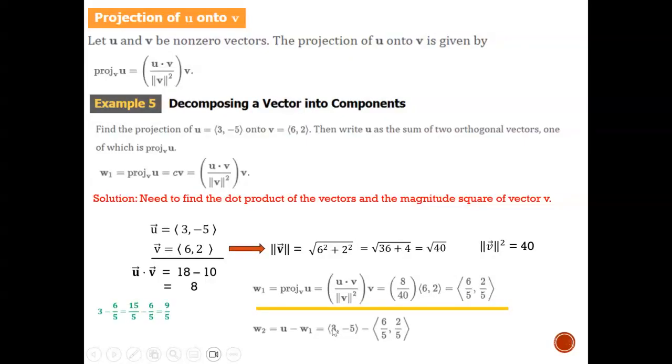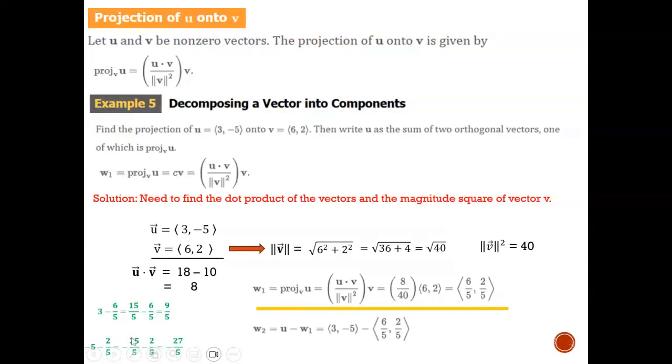We're going to subtract the first component minus the first component of the vectors, and second component minus the second component. So 3 minus 6 over 5, get the LCD, which will be 15 over 5. This will give us a 3. Minus 6/5 will give us 9 over 5. So that will be the first component, which will be 9/5. Now we're going to do the negative 5 minus 2/5.